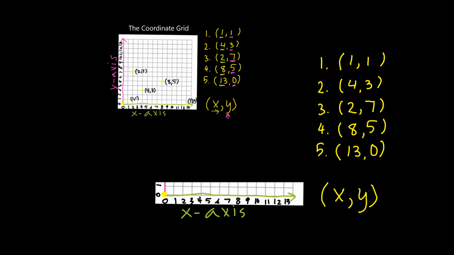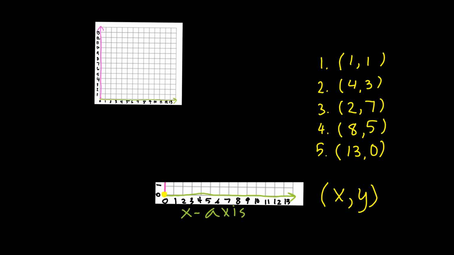All right, so now you're going to have a chance to practice some on your own. Okay, so here's your coordinate grid, and I'm going to give you 5 more points that I want you to plot on your own, and then we will check them.